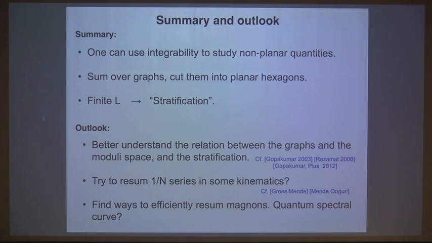And it will be also interesting to try to resum or Borel resum the 1 over N series in some special kinematics. In the flat space case, it was done by Gross-Mende and Mende-Ooguri. And it would be very nice if you can do the same also for this string theory.